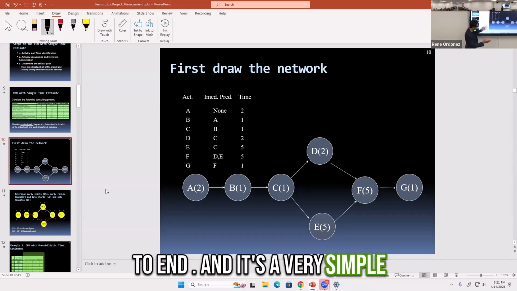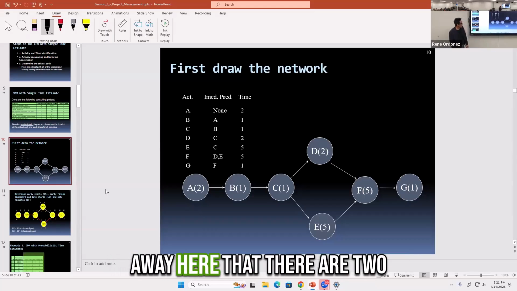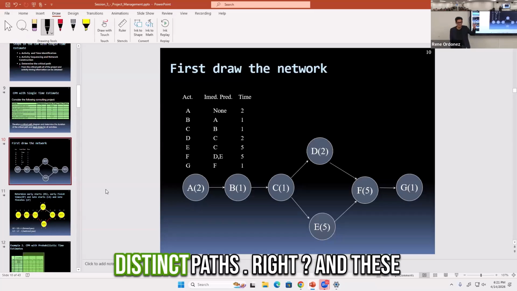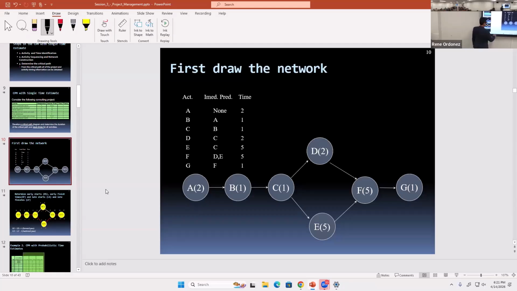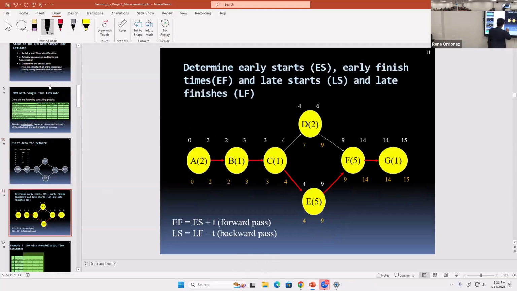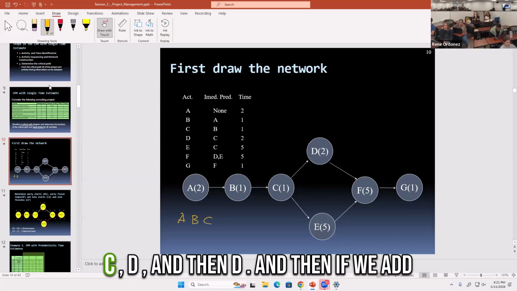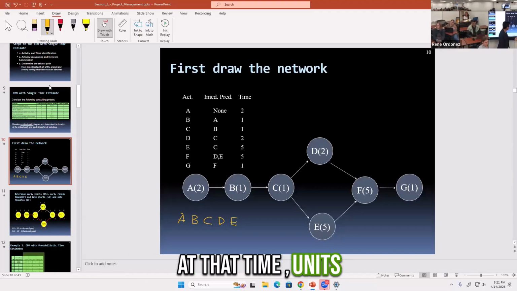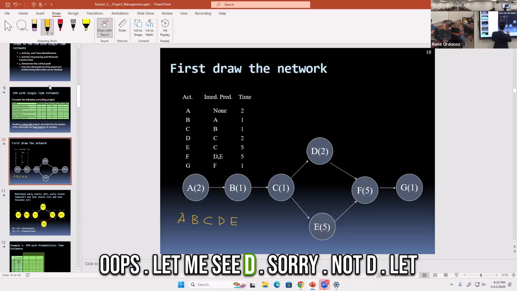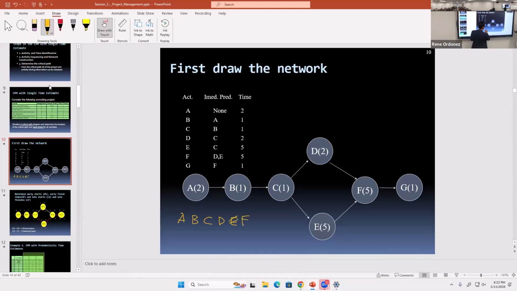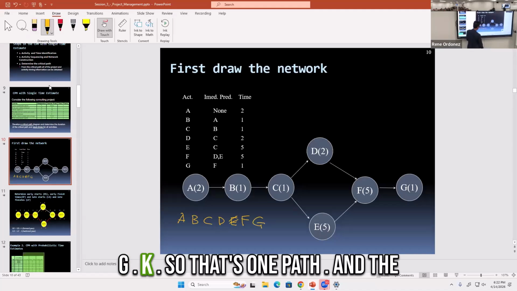And it's a very simple diagram, so we can see right away that there are two distinct paths. These paths are A, B, C, D, and then, sorry, not E: A, B, C, D, F, G. Okay, so that's one path.